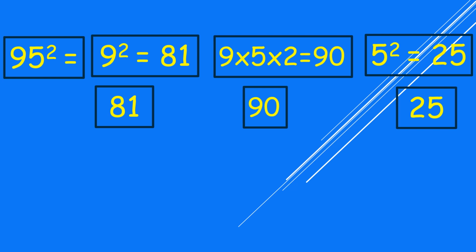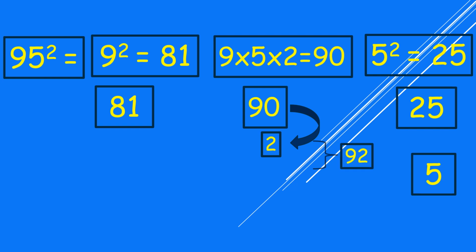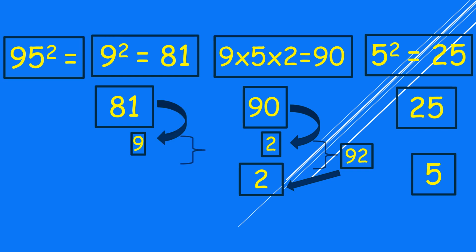For 25, we will have 5 and carry over 2. We add the 2 to the 90, it becomes 92, but we'll only keep the 2, and therefore we carry over the 9. So 81 plus 9 is 90.